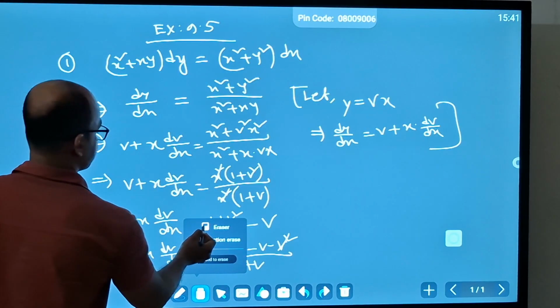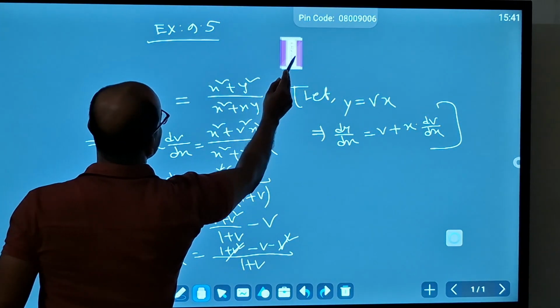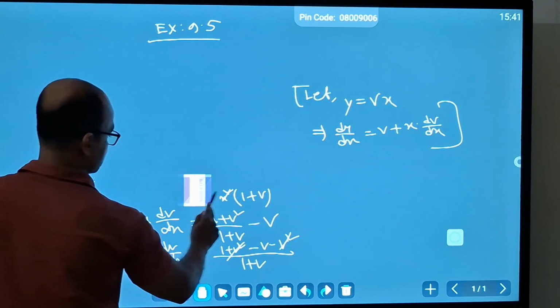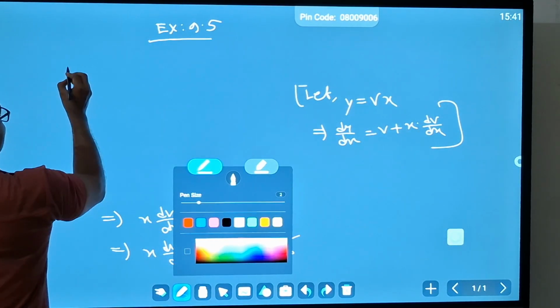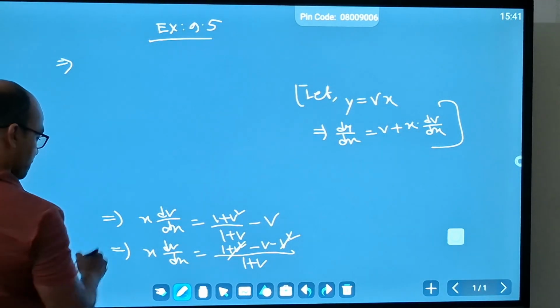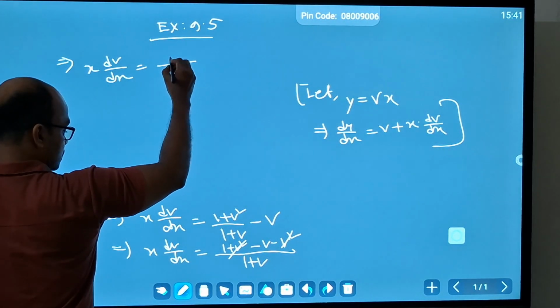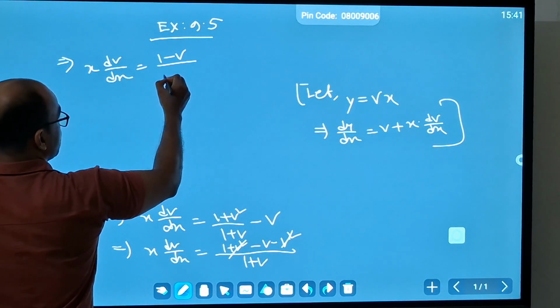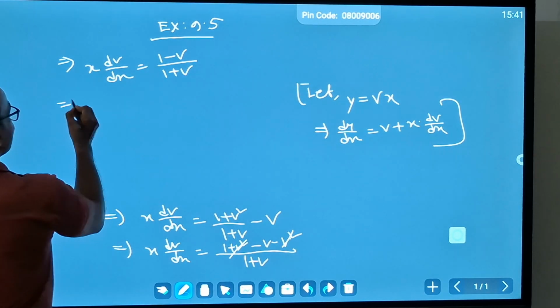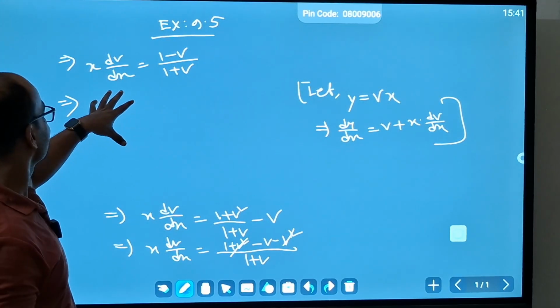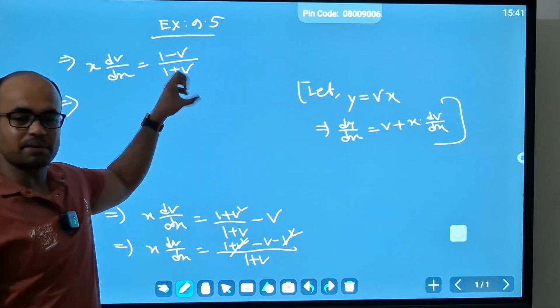Now x dv by dx equals (1 minus v) upon (1 plus v). Now we can see that we can apply variable separable.